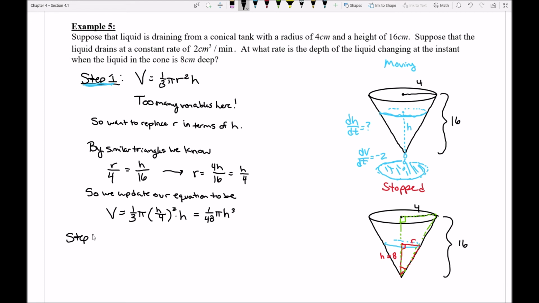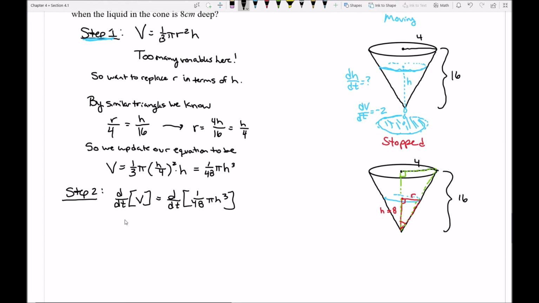Now I can move to step 2, where I'm going to go ahead and take the derivative of the left side and the derivative of the right side with respect to the variable of t. All right, on the left side, I know I'm going to just end up with dv dt. On this side, I can see that I'm going to have stuff to the 3rd power, so I'm going to bring the 3 down.